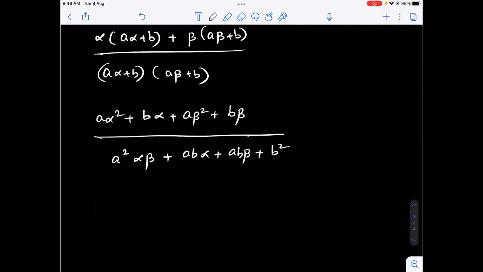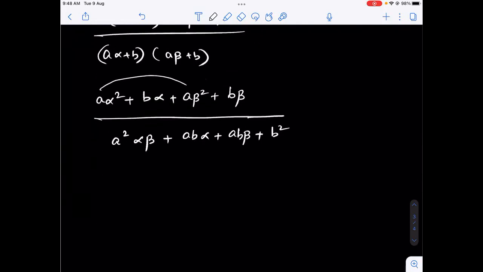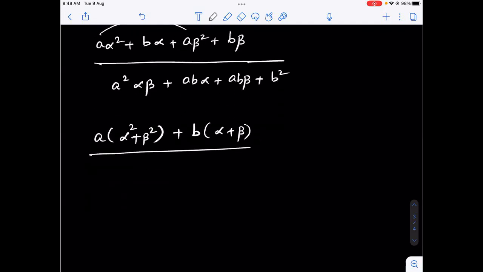Now what I can do is collect the common terms. A into alpha square plus beta square, right? Plus B into alpha plus beta, divided by A square alpha beta, I am leaving it as it is, plus AB into alpha plus beta plus B square.